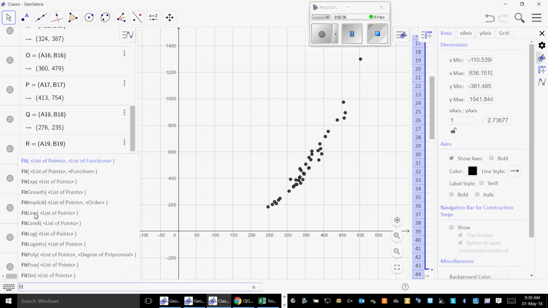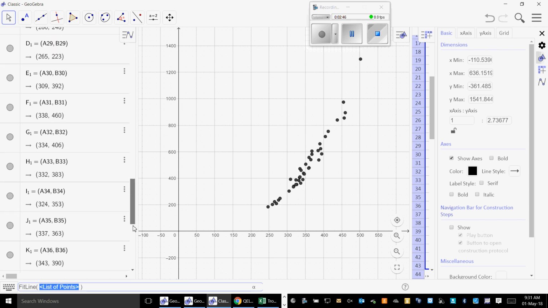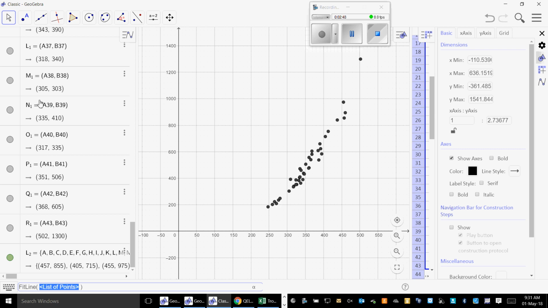And then at the bottom it says list of points. Now, you may or may not have noticed that after we entered all our points in, we've now got a list at the bottom. It automatically does that for you. So what we're going to type here is L_1.